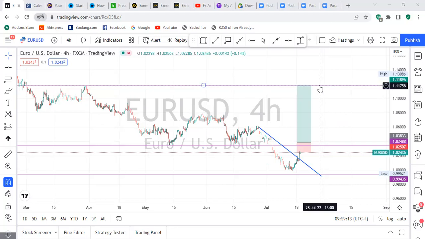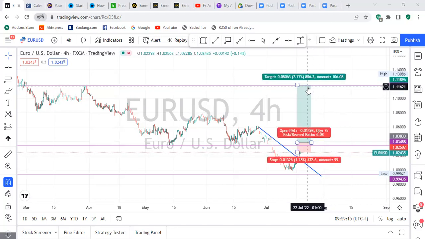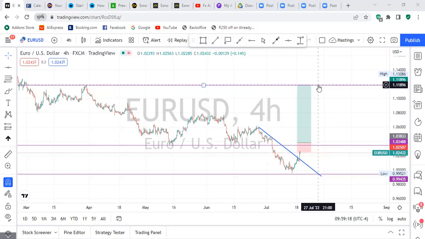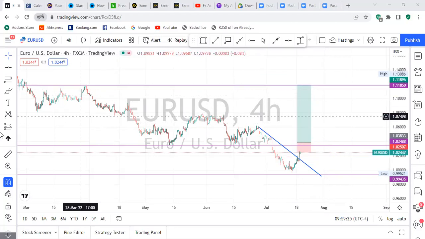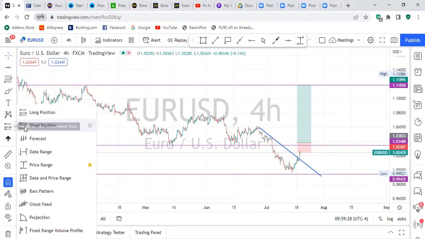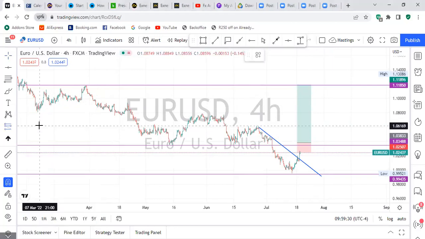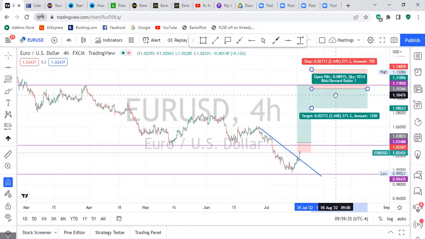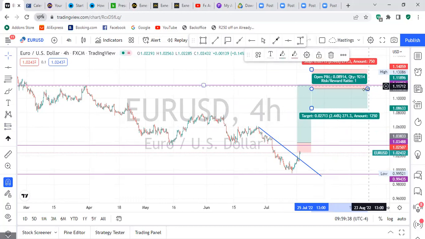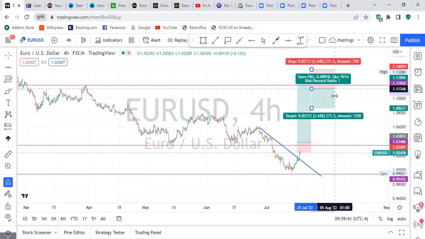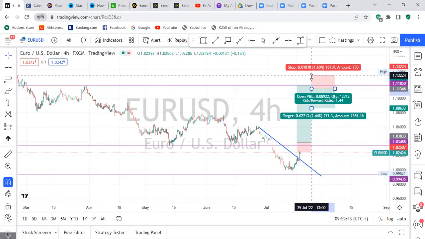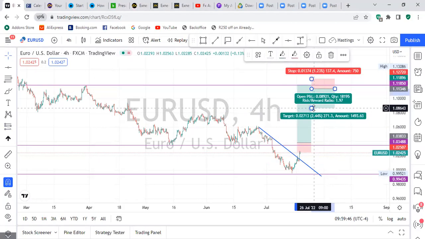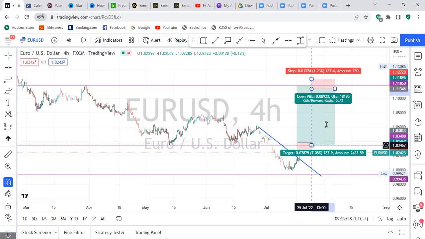So once you are here, take your profits, close your trade, and start looking for sales. Sales, we are saying, is a short position, right? So we are now saying, if the price starts to retrace down, maybe you put your stop loss here and your take profits here.